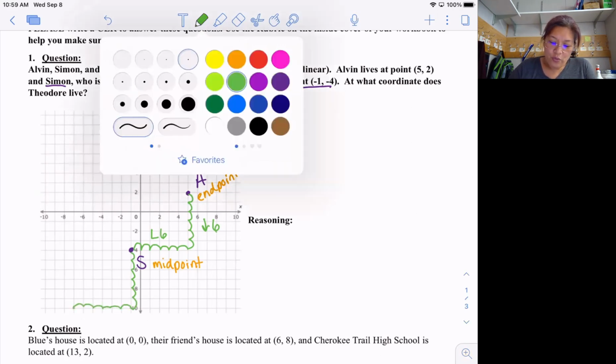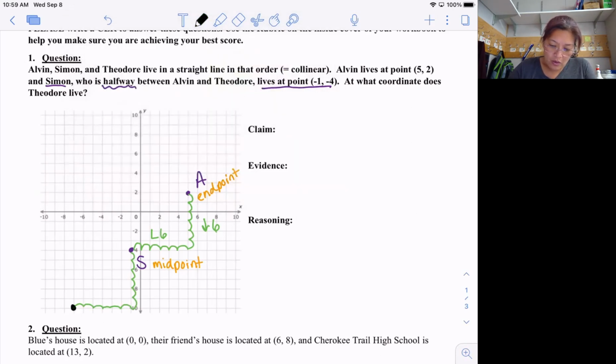And that new point will be Theodore, and that is my second endpoint. And that would mean my claim is that Theodore lives at the coordinates (-7, -10).